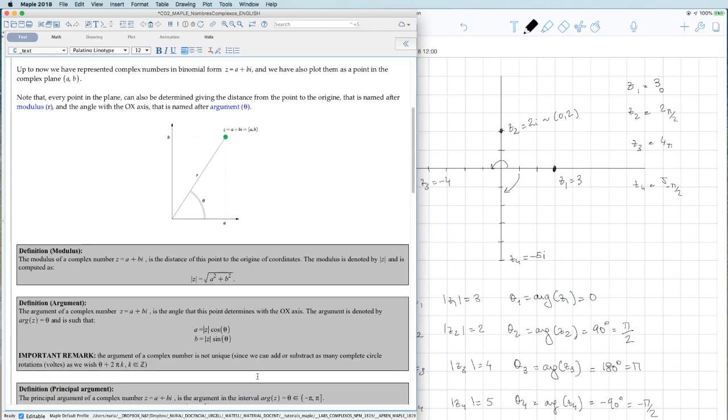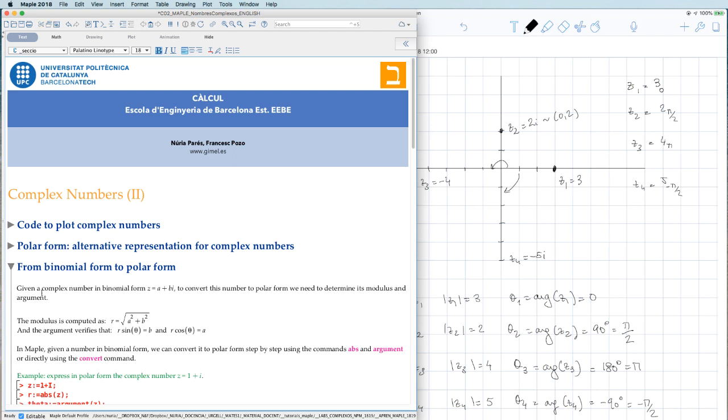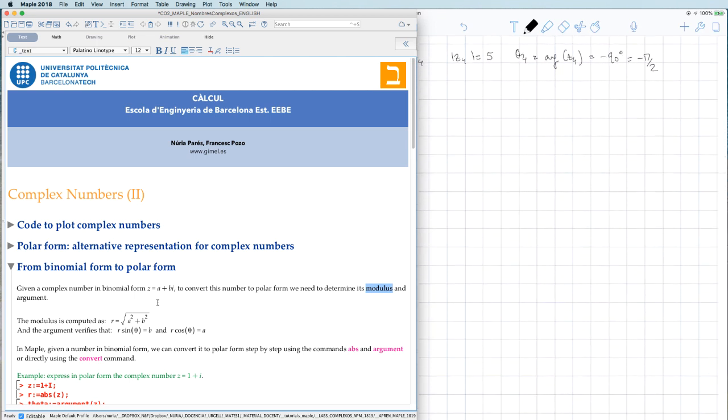So now that we know what the polar form of a complex number is, let's see how to convert a number given in binomial form to polar and the opposite way around. So, given a complex number in binomial form, we need to compute its modulus, so its distance, and its argument. So, let's move a little bit here.